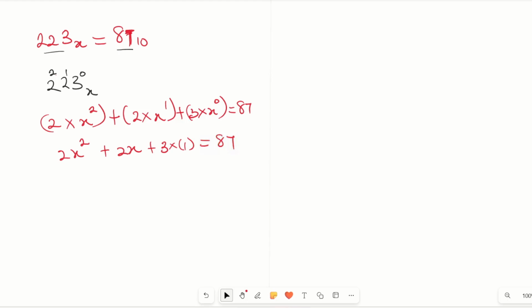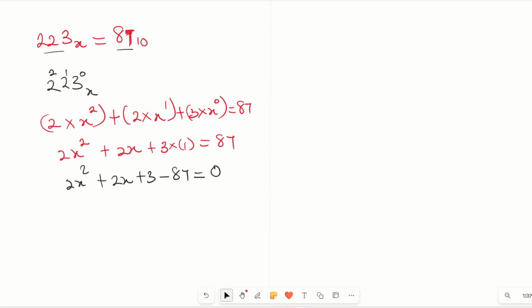Now let's consider how we can solve the quadratic equation after we have simplified. In simplifying, we are going to have 2x squared plus 2x plus 3 minus 87 equal to 0.